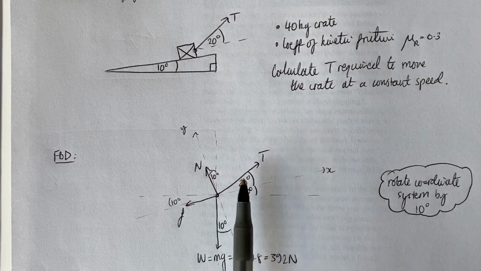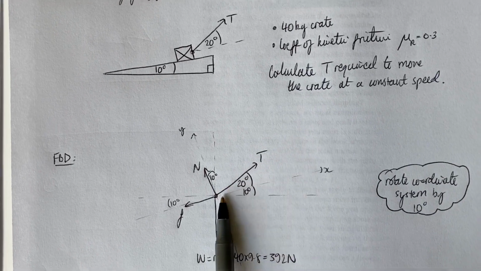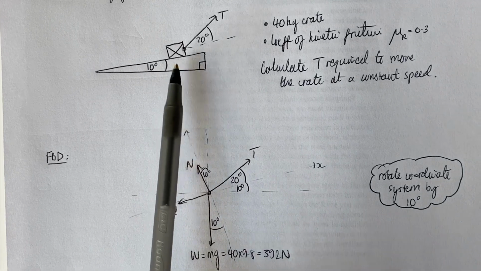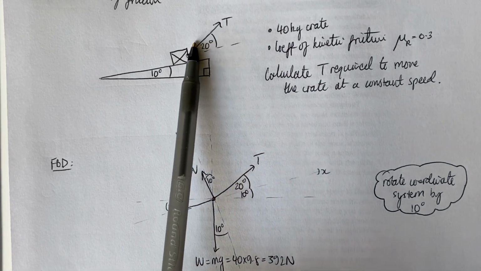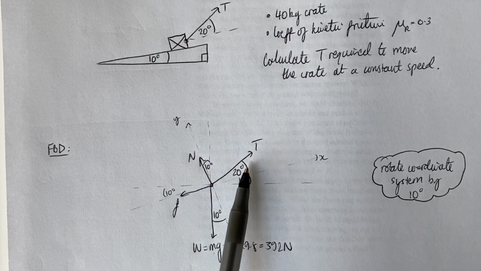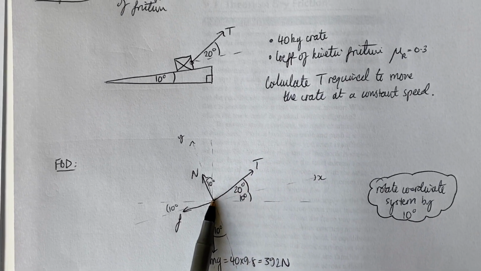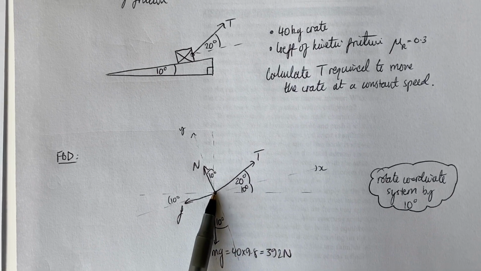My tension T on the rope is at essentially 30 degrees from the horizontal, because we have 10 degrees of the slope plus the 20 degrees that the rope is attached at. And then the normal vector acts perpendicular to the slope.